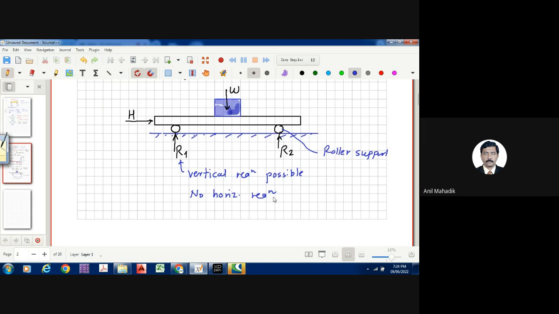No horizontal reaction means it cannot resist horizontal load, and vertical reaction possible means it can resist vertical load. Are you getting it?